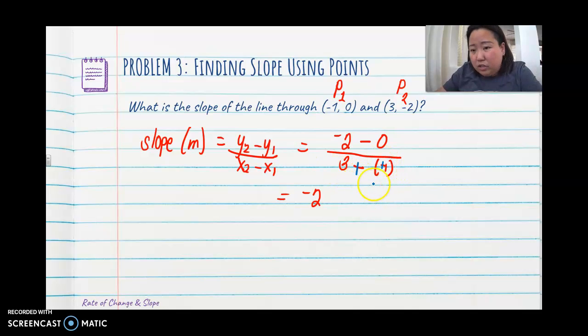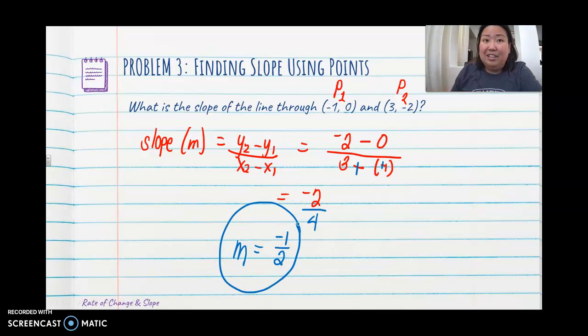So you will actually be adding 3 and +1, which is going to be +4, okay? And so now that you have -2 over 4, always simplify your slope. m is going to be -1/2. That is your slope, all right? So just follow the formula and you should not be lost on that one.